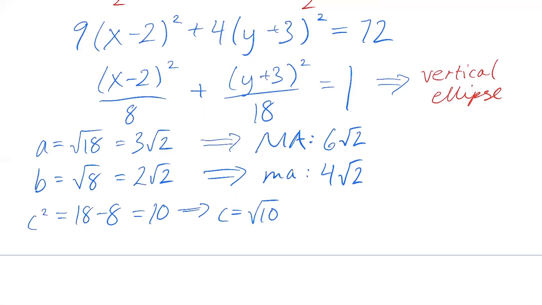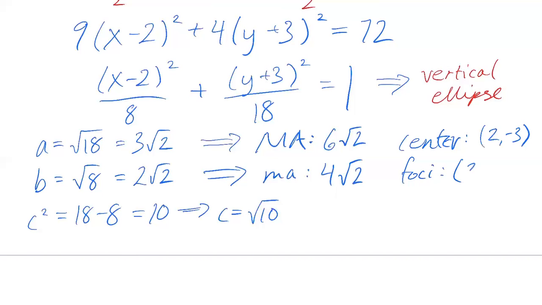If c is root 10, well, I would need to know something about my center before I could really get into the foci. So let's get the center on the page. Center is at (2, -3). We are vertically oriented, so that means that the foci are going to be a shift on the y coordinate.